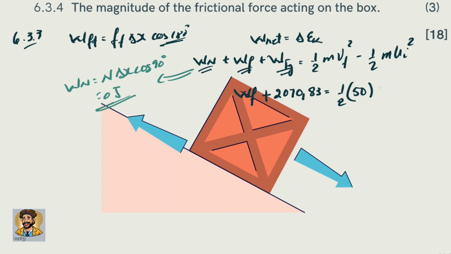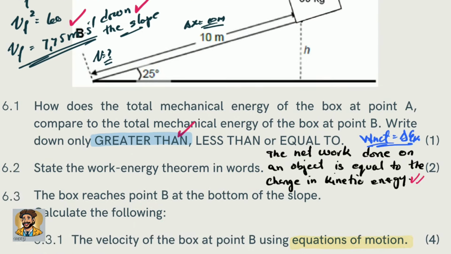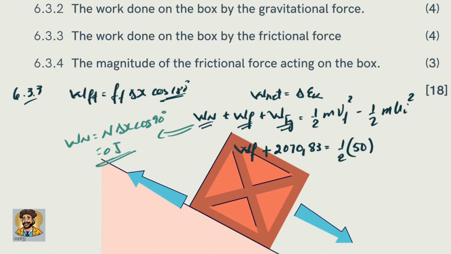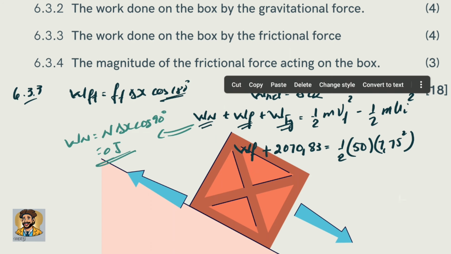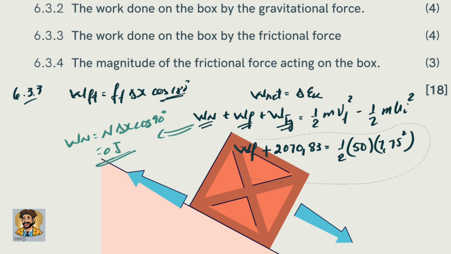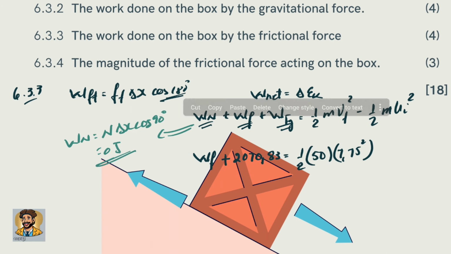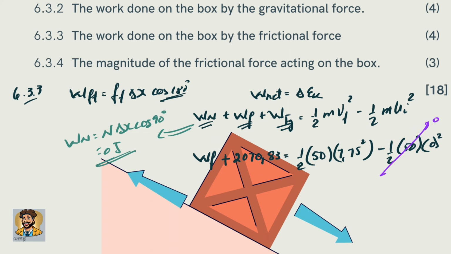The final speed we also calculated previously at the top, 7.75, so 7.75 squared. Let's move all this a little bit to the left. I want to have enough space here. And this minus half multiplied by 50 multiplied by 0 to the power 2, because the initial speed of the object is 0. Therefore, this is 0.